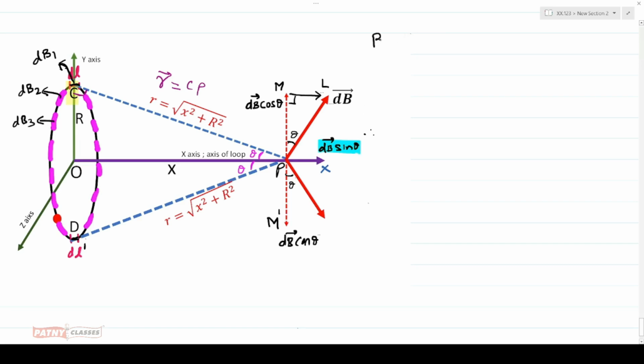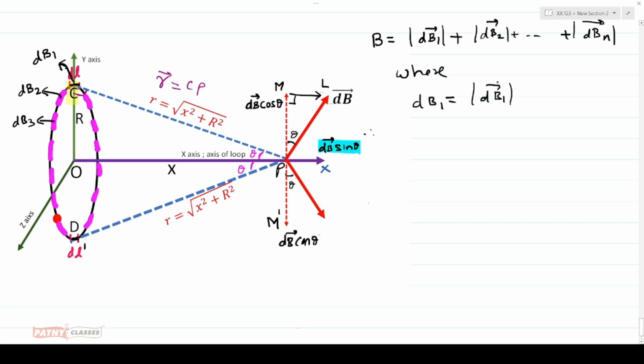So the total magnetic field B is nothing but the addition of the magnitude of dB1 plus the magnitude of dB2 and so on, up to the magnitude of dBn, where dB1 is the magnitude of vector dB1 and dB2 is the magnitude of vector dB2 and so on.